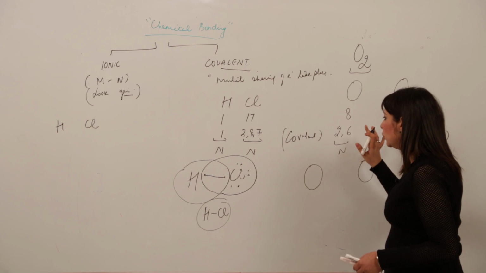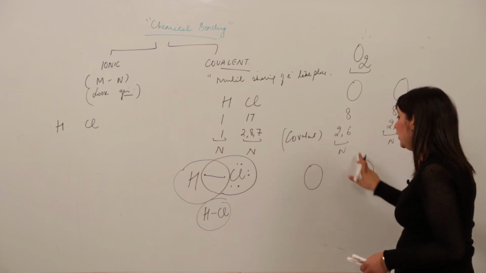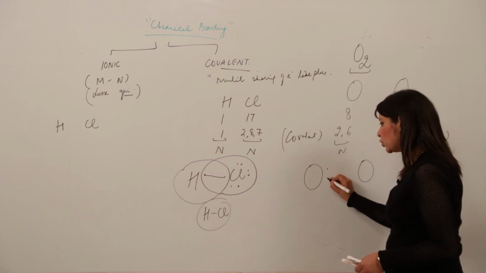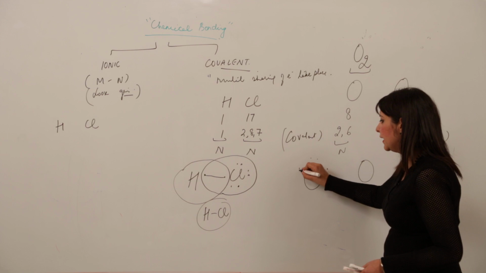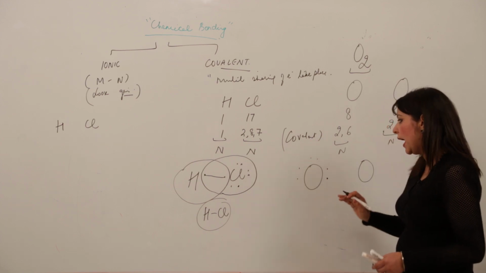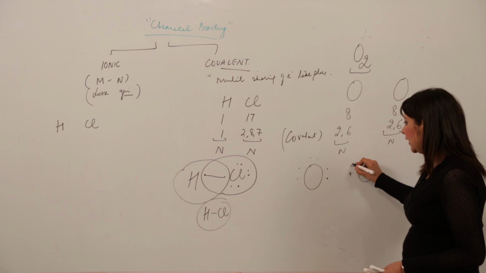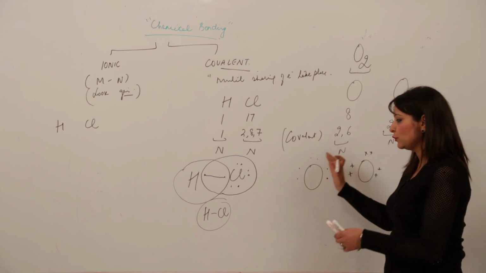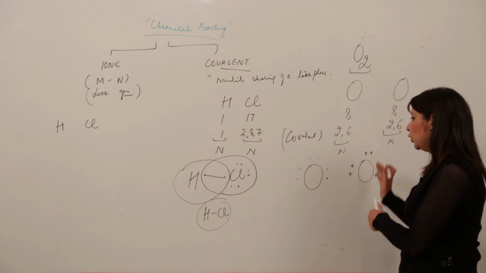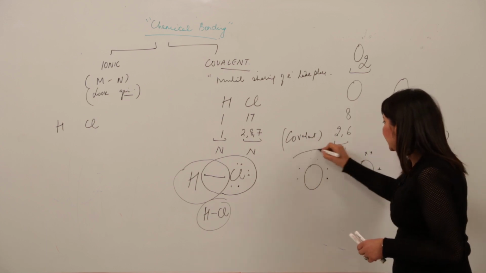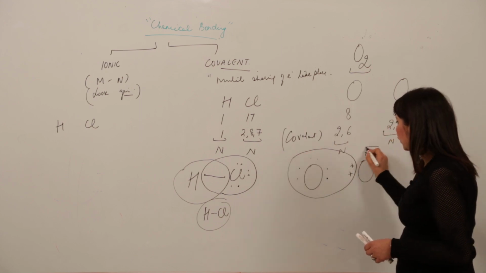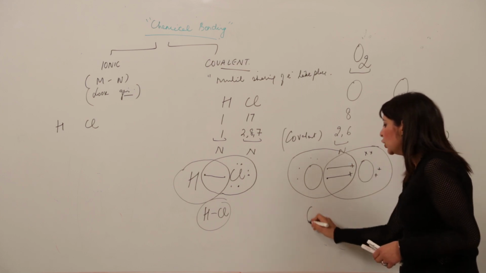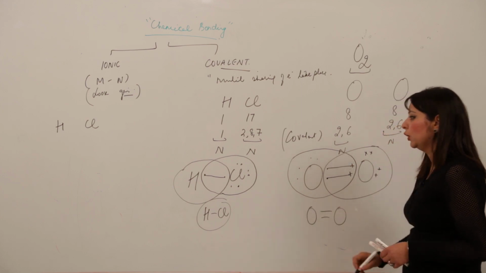You have to put that many electrons in the middle, because only then will we be able to make an electron cloud. So it has 6, and it needs 2 electrons. So we are putting 2, 4 and 6, these are the electrons it already has. Similarly for the other, I am indicating with crosses just to make it clear that the dotted electrons belong to this atom and the cross ones belong to this atom. Now they will mutually share like this, and it will also mutually share like this. So there are 2 electrons being shared. This is called a double covalent bond.